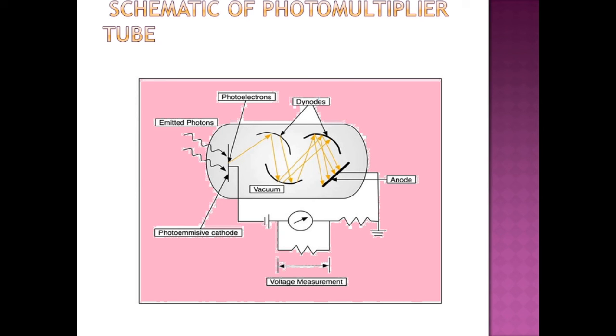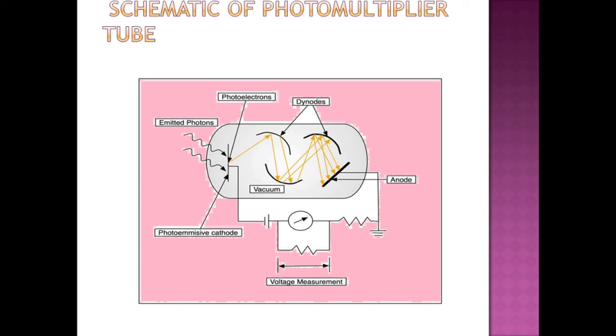When light rays hit the surface of the photocathode, it starts to emit electrons, and these electrons focus toward the first diode.